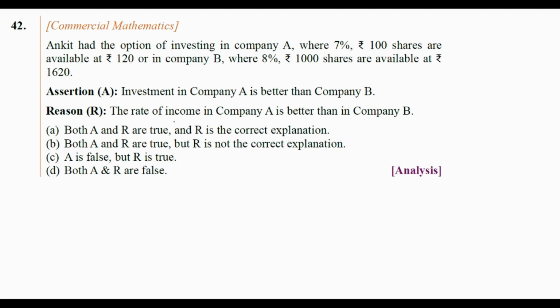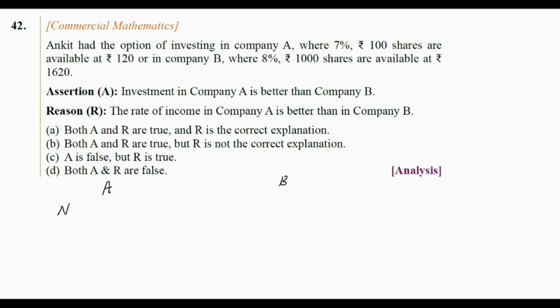Ankit had an option of investing in company A where 7% 100 rupee shares are available at 120, or in company B where 8% 1000 rupee shares are available at rupee 1620. Investment in company A is better than in company B. So now we find out the return in A and B. Clear, children?